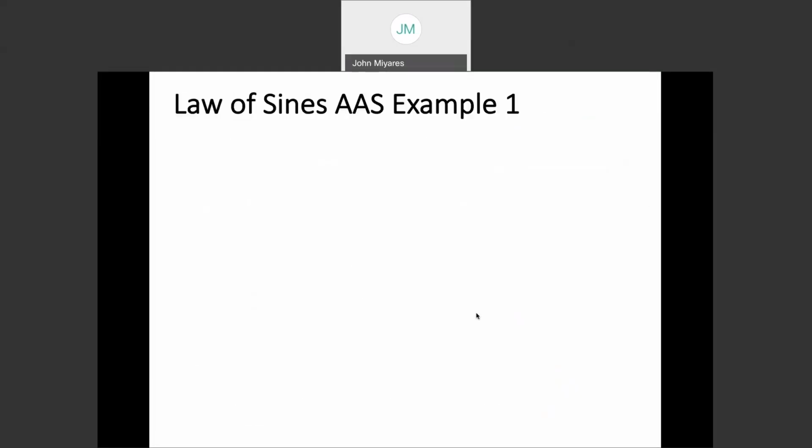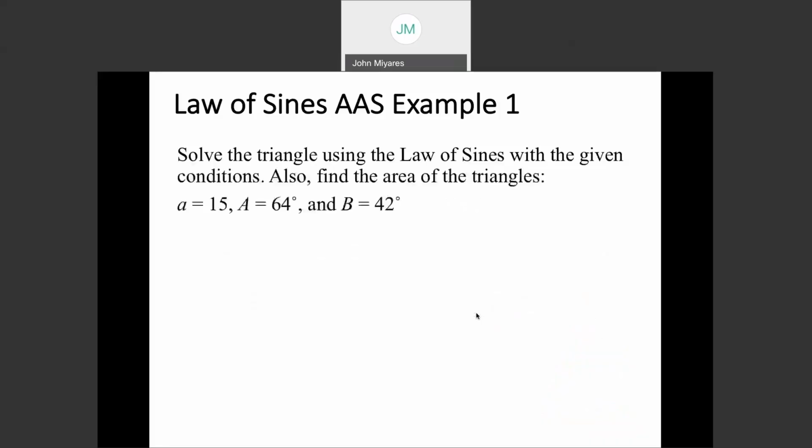Let's try an example where we're given the measures of the two angles and a side. So here we're asked to solve the triangle using the law of sines with the given conditions. It's also asking us to find the area of the triangle. We're given side A equals 15, angle A equals 64, and angle B is 42.